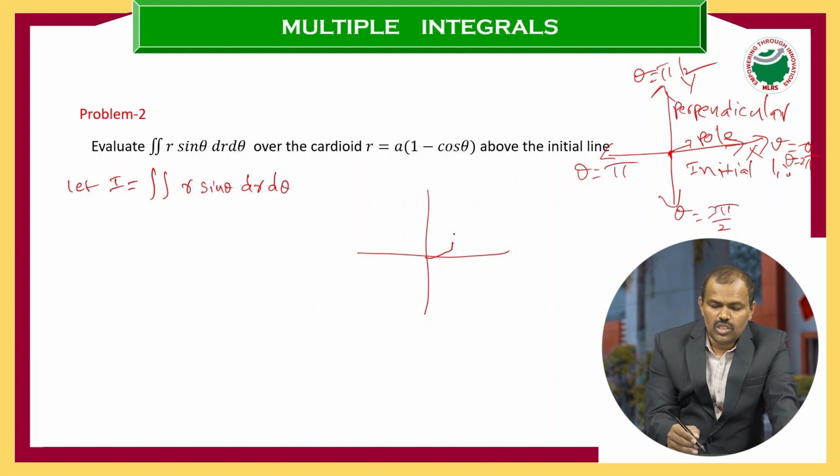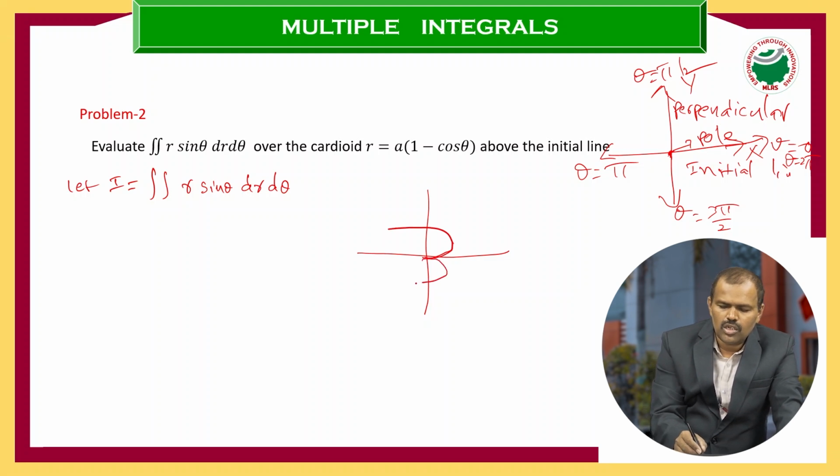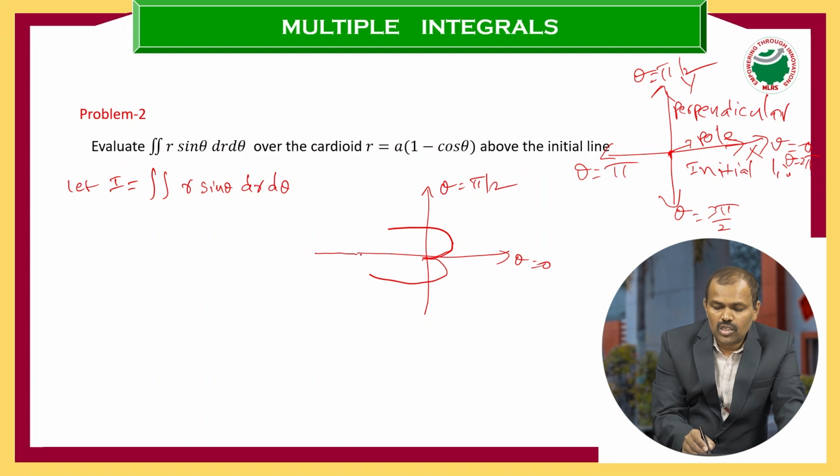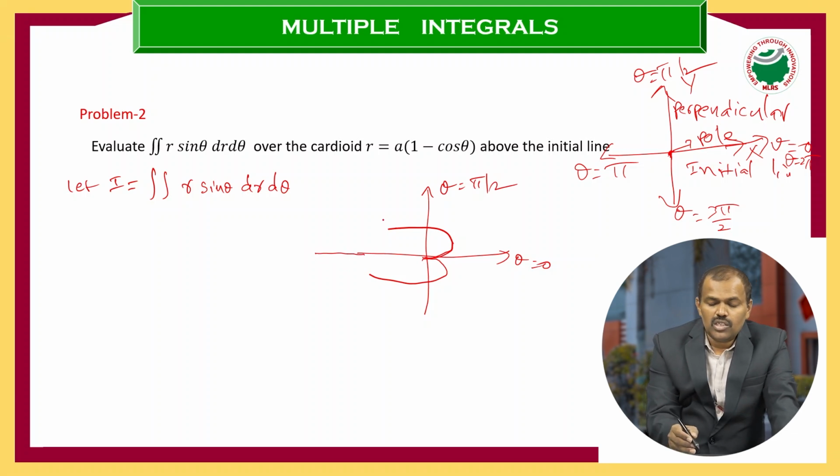When I substitute theta is equal to 0, the r value is cos 0 is 1, 1 minus 1 is 0, so the r value is 0. That means the curve starts here, at the theta is equal to 0 line, and it touches at theta is equal to 180 degrees.